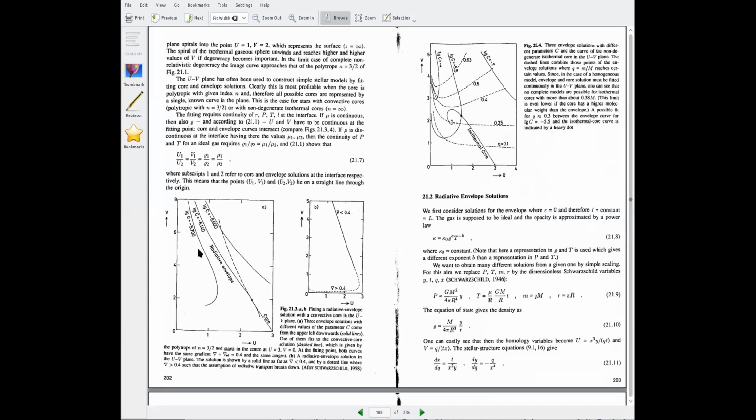For the Kippenhahn temporal assumption in the UV space, you connect several types of radiative envelope with different types of core: the convective core, or an isothermal core with different types of envelope.